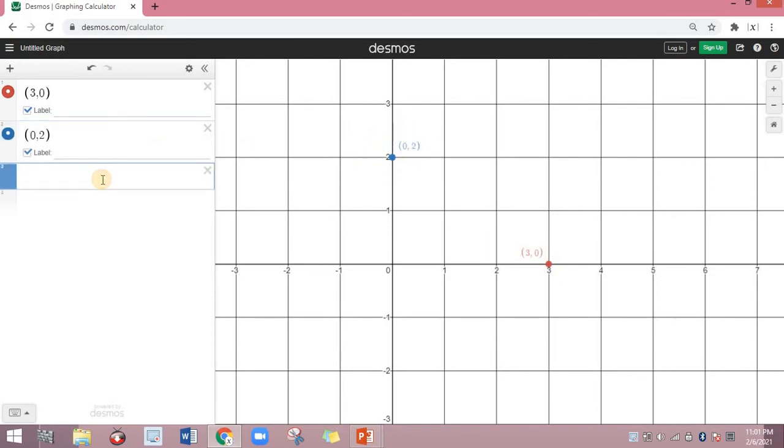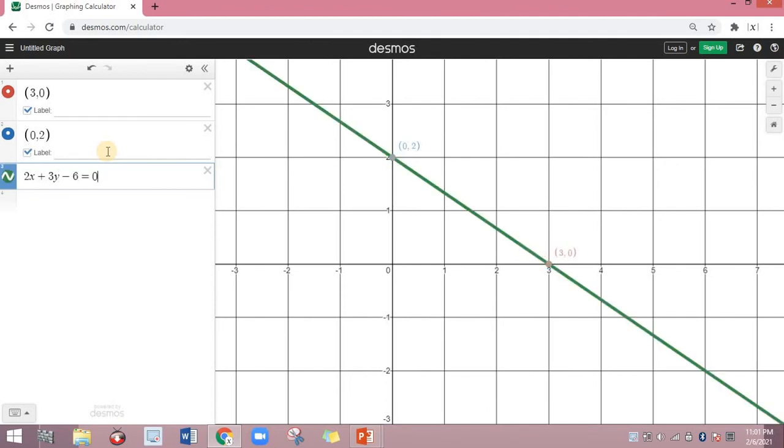Now, yung equation lang na nakuha natin ay 2x plus 3y minus 6 is equals to 0. And that's it. Tingnan niyo mabuti. Dumaan yung ating line dun sa ating dalawang given point. So, anong ibig sabihin? Our equation of that line is correct.